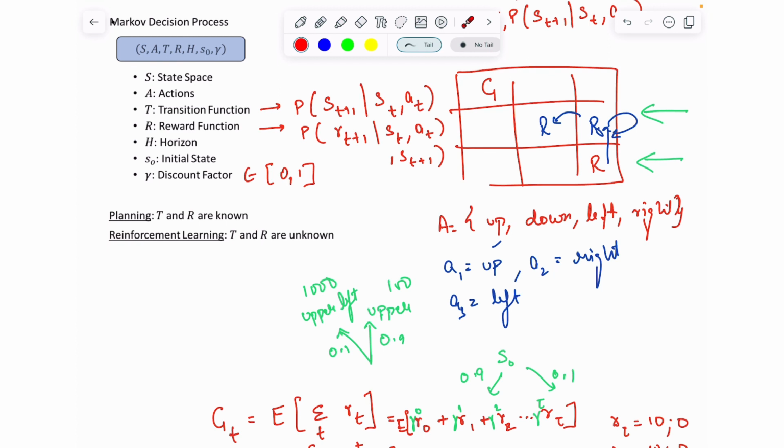Okay, so let's relate it to something that we have seen in our life. The question is: is our life a planning problem or a reinforcement learning problem? Because no one has told us what is going to happen when we take a particular step, it is not given to us. That means it is a reinforcement learning problem.